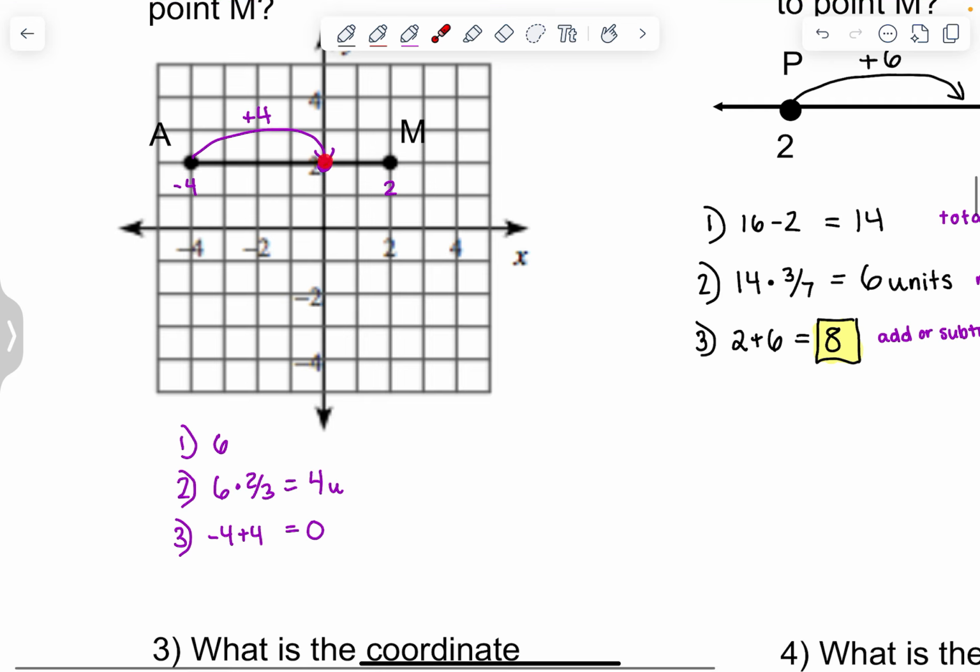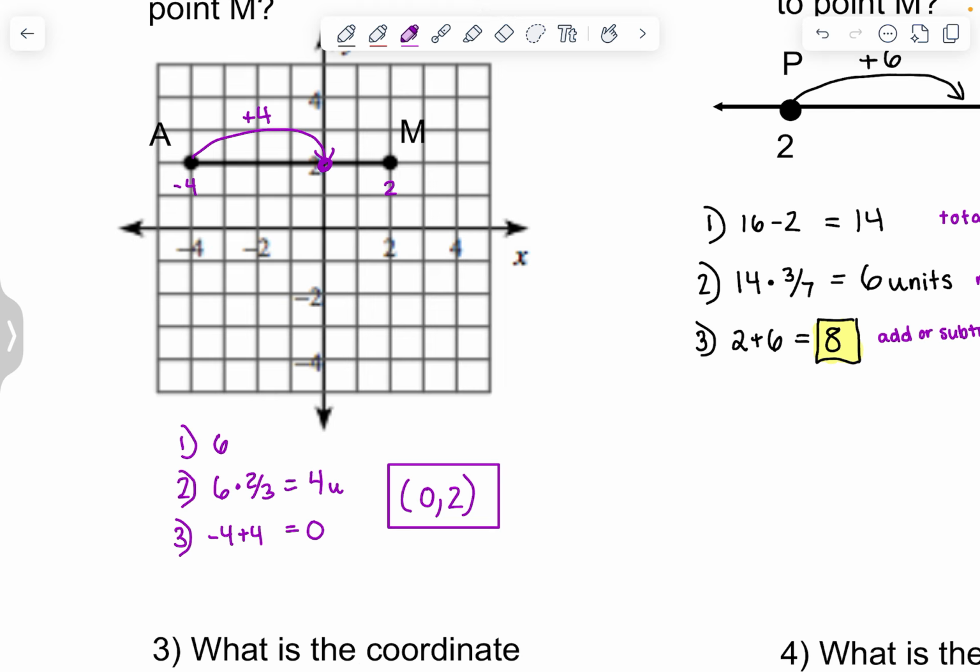So what is the coordinate of this point? So the coordinate of this point is 0, 2. Over 0, up 2. And that is our final answer. Bada bing, bada boom. We did one on a coordinate grid, but it was a simple one.